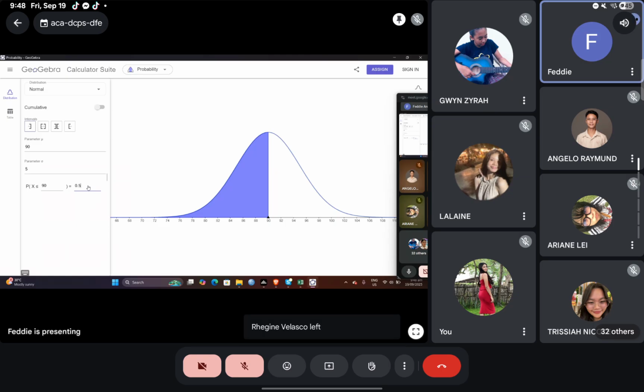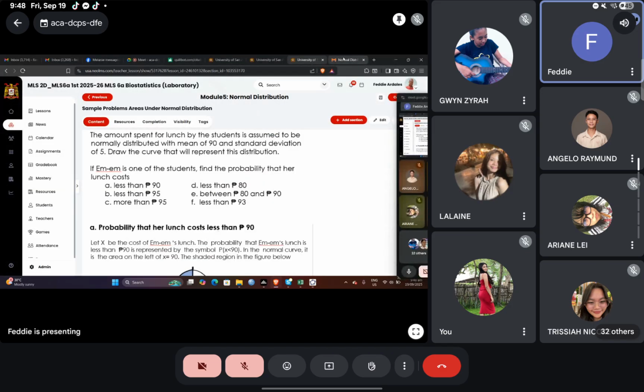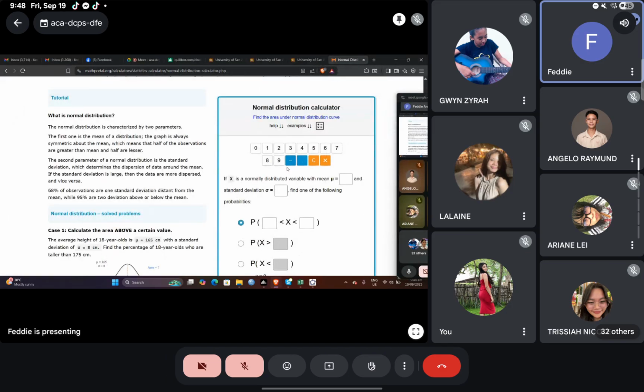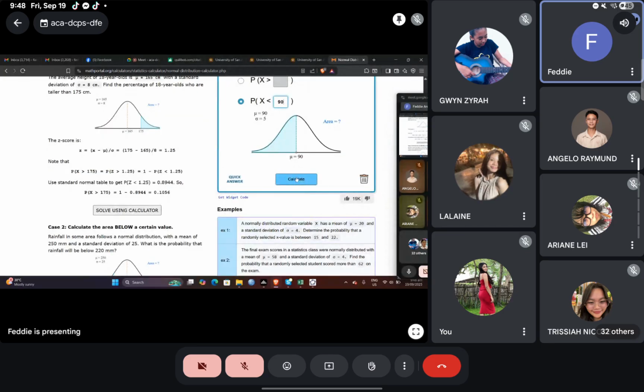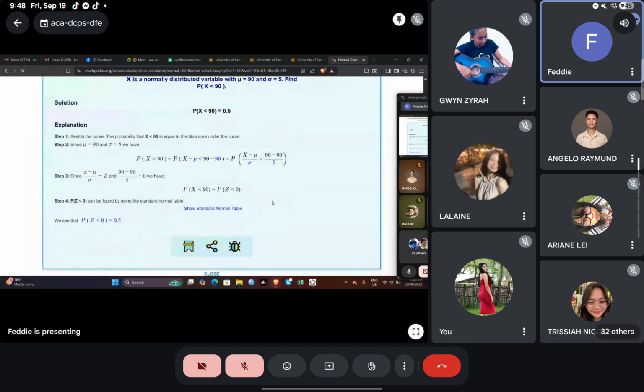Now let's try to use the normal distribution calculator. Just plug in 90, standard deviation of 5, then less than 90, then calculate. This is the result.